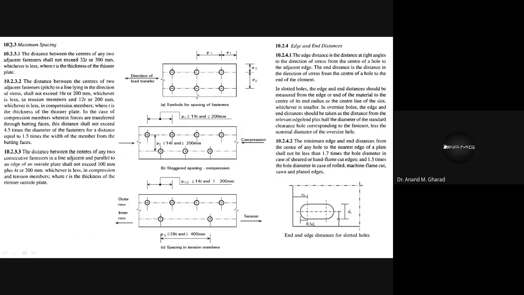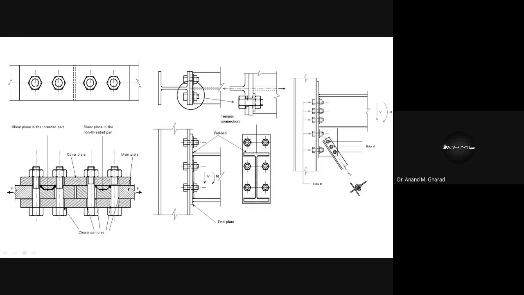This is clause number 10.2.3, which talks about the maximum spacing. Whatever bolted connections are placed, there should be some standard based on which the spacing between two bolts is defined.